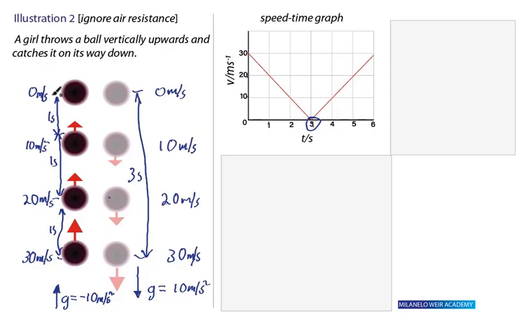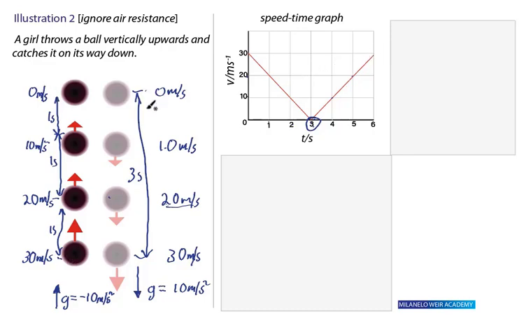Then after that, the object increased its speed from 0 to 10 in 1 second, right? Then after 5 seconds, it was at 20. Then after a total of 6 seconds, it was at 30.